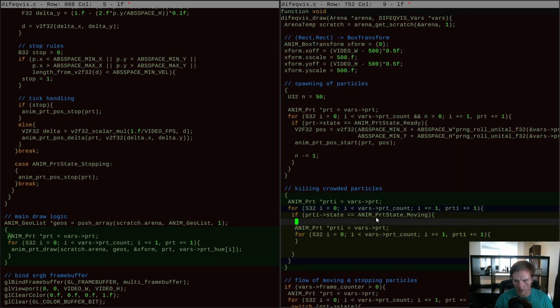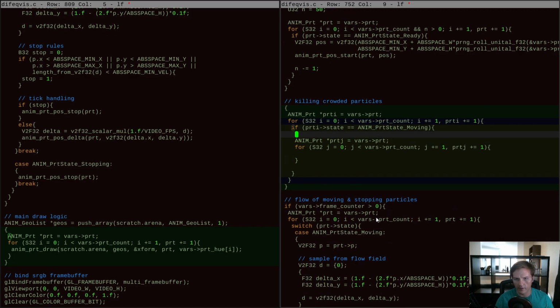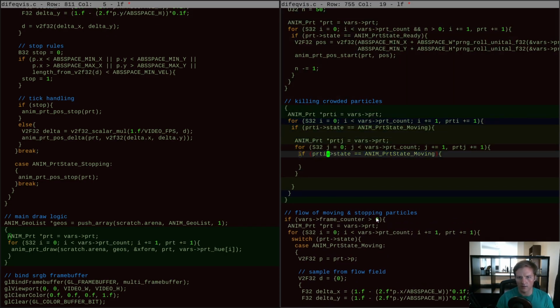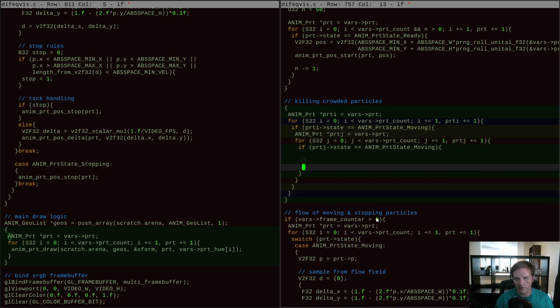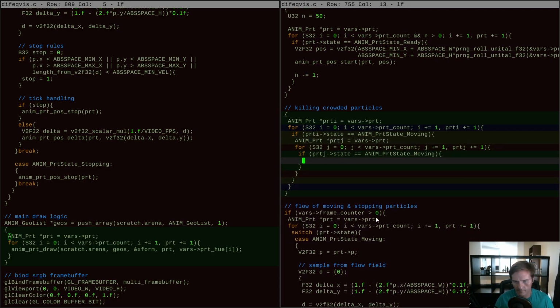So, here we go. If part J is moving, so we've got 2 moving particles, we're going to look at the diff between them. So V2 F32 sub part I P minus part J P.